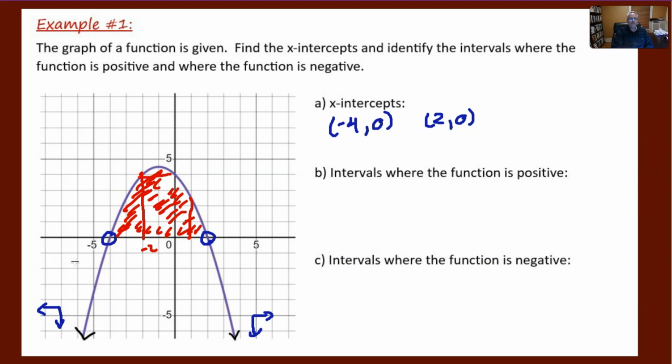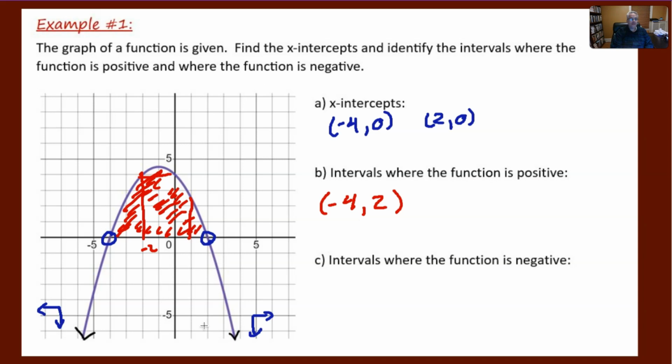The interval where it's positive starts at -4 where that intercept is, and goes up to 2 where the other intercept is. We put curved parentheses around this because the function is positive in between these points, but not actually at the points themselves.